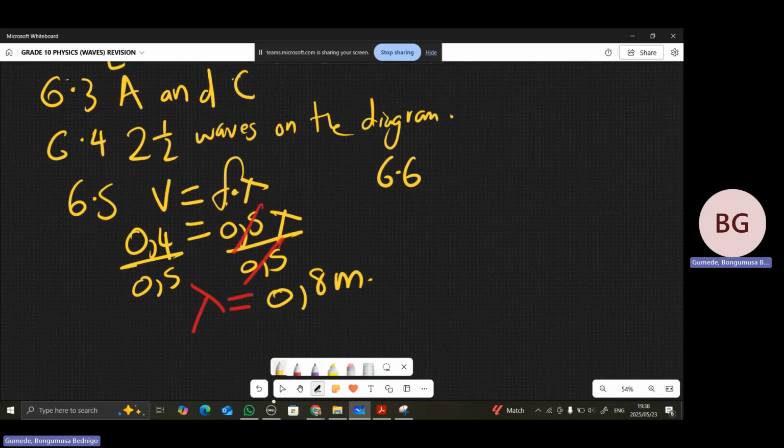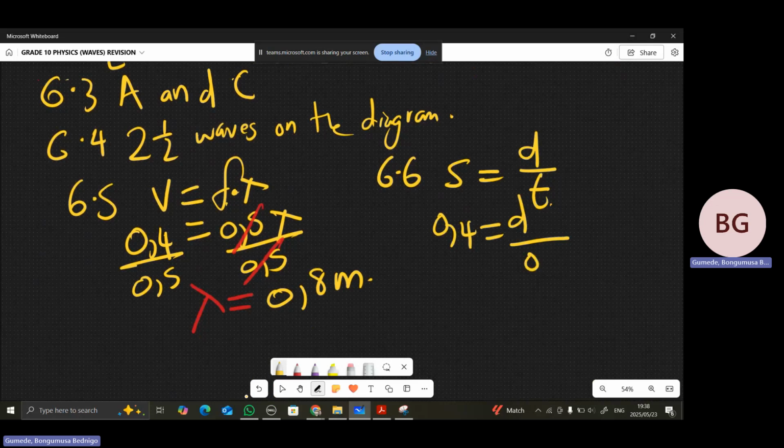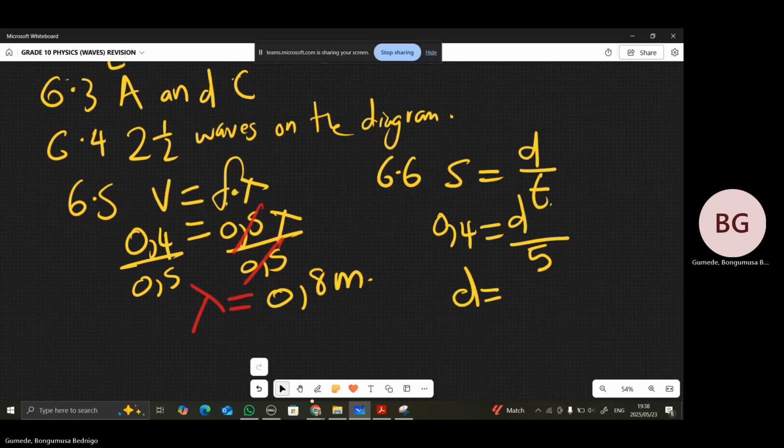So what we can do, we can say speed is equal to distance over time, because we are assuming that this wave is moving at a uniform velocity or uniform speed. So we can say 0.4 divided by the time period, which is 5 seconds. 5 times 0.4, you punch in your calculator.